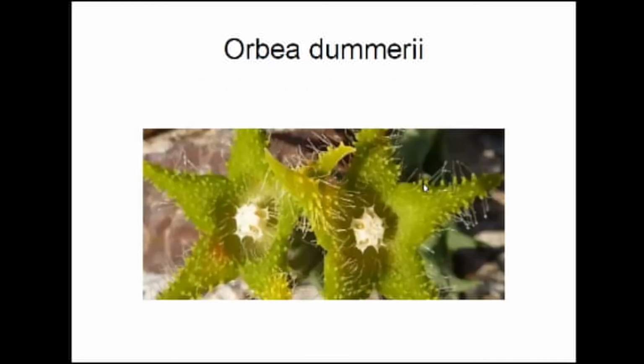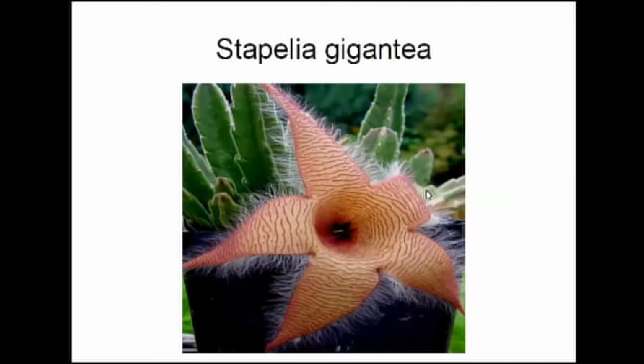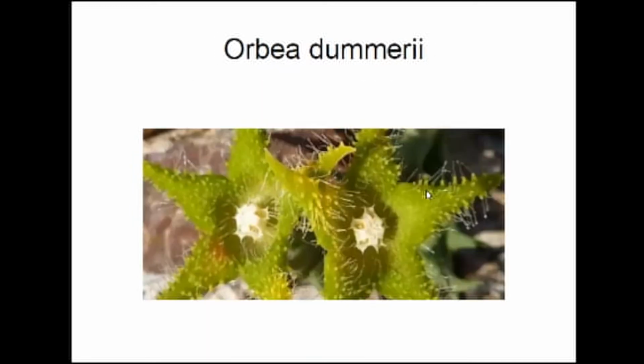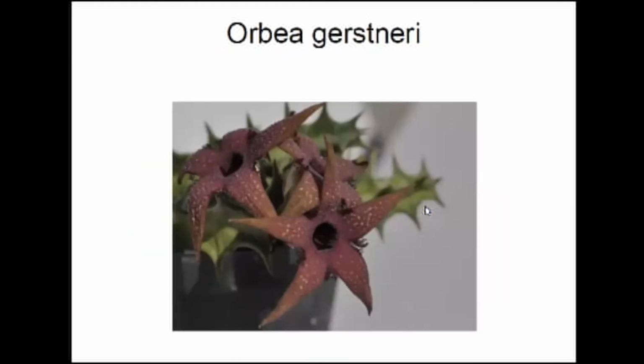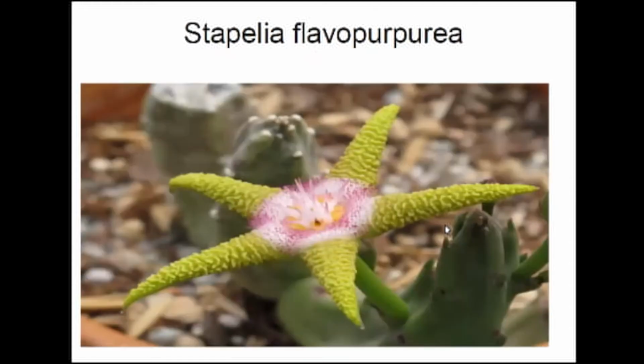The flowers can be of different colors as well, and this one is greenish, and this flower is also hairy, and this one is smooth and reddish, brownish in color. Again, a green color, very rough surface of the petals.